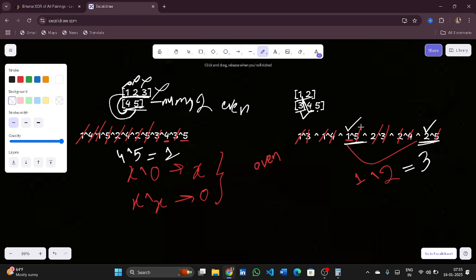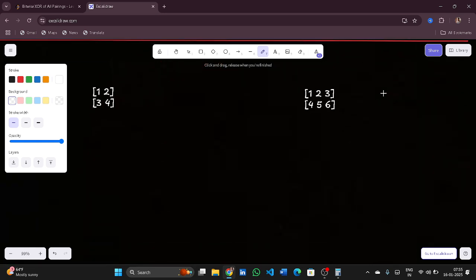If you got this, 1 and 2, right. Here, if nums1 is even, then nums2 is not considered. It is cancelled out if nums1 is even. So these are the two examples, but there are another two cases. What if both are even size and if both are odd size?